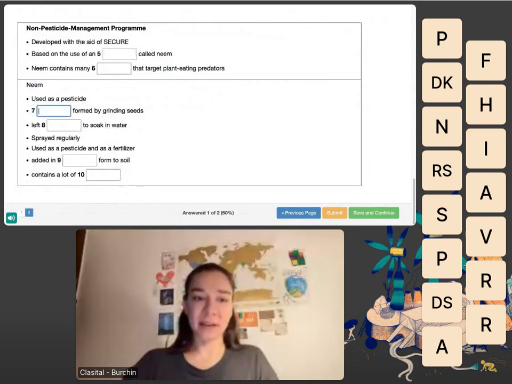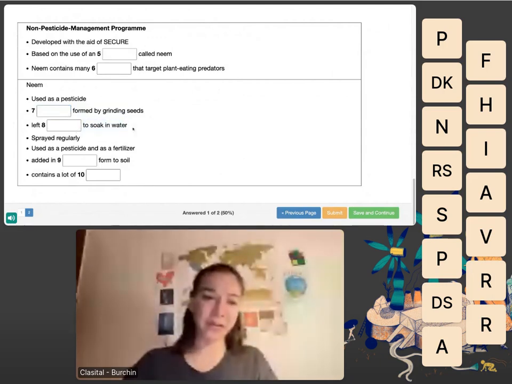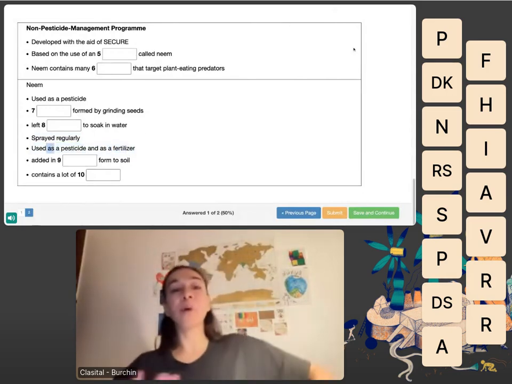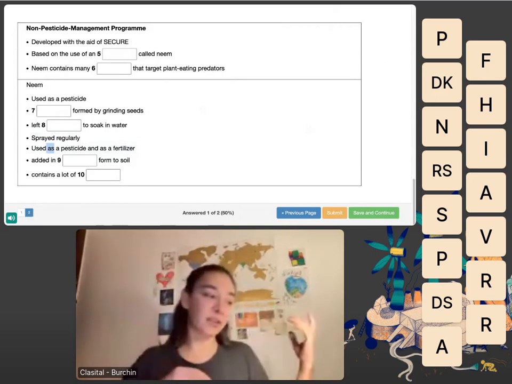Neem used as a pesticide. Blah blah formed by grinding seeds, again a noun, left something to soak in the water, spread regularly, used as a pesticide and a fertilizer. Keyword, both. Maybe I will see the word both as a pesticide and a fertilizer.